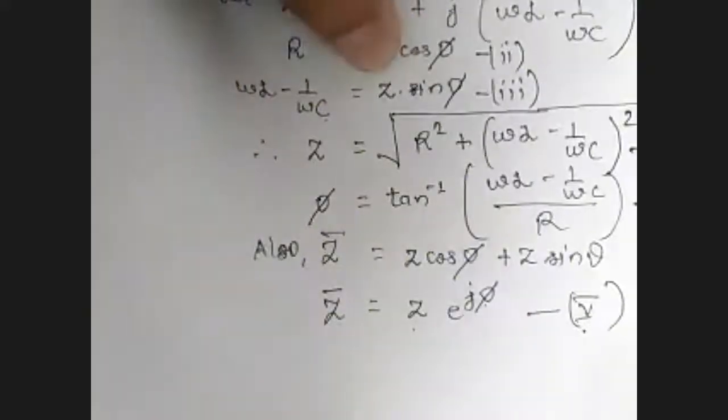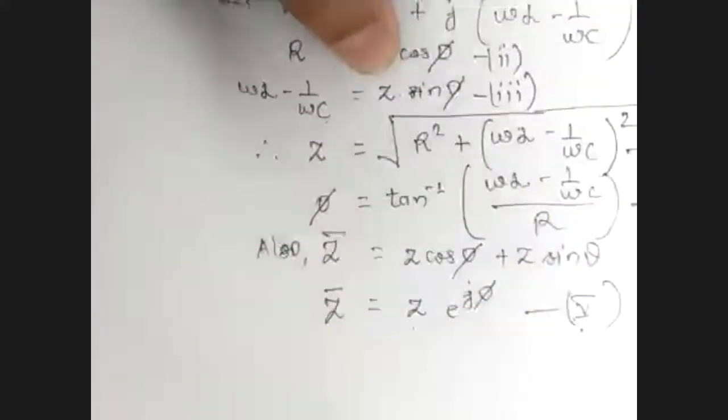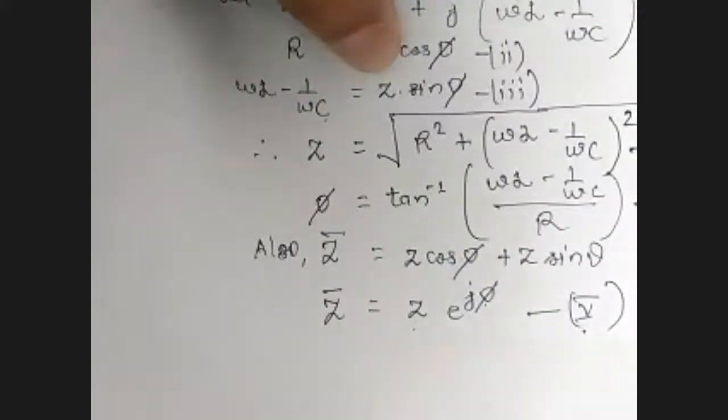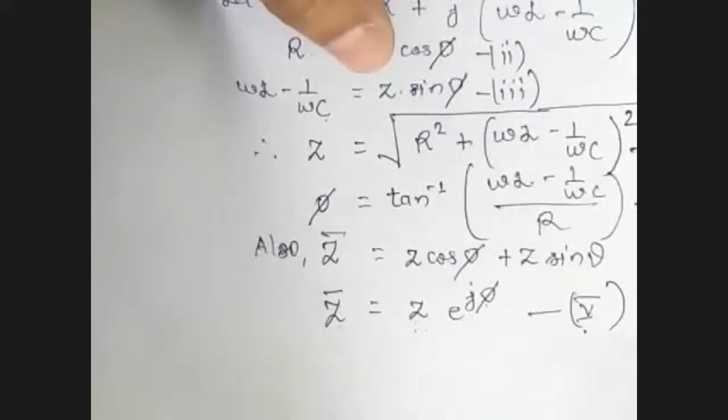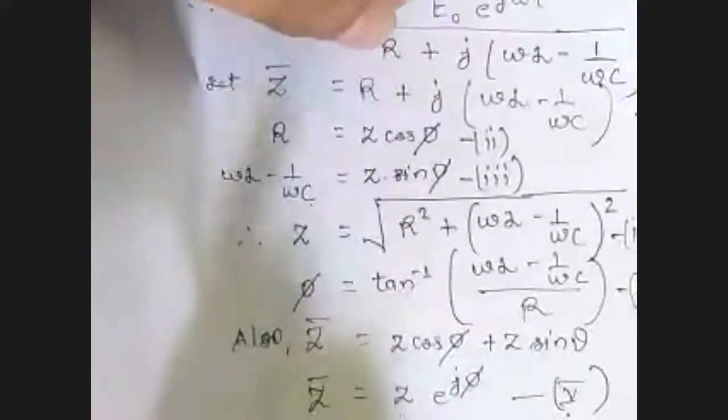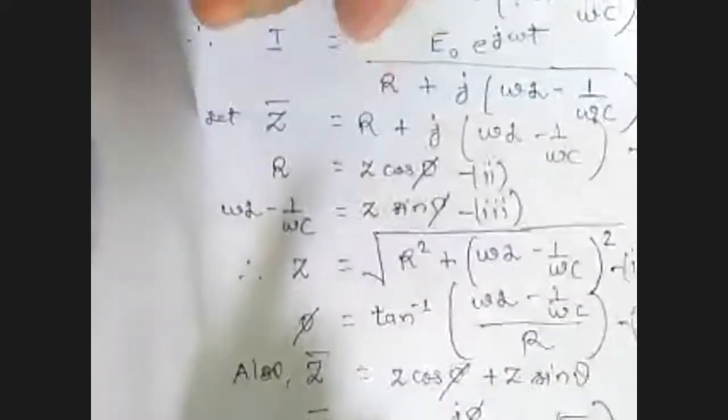Yes, Anurag, is there any problem? Also Z bar is equal to Z cos phi plus j Z sin phi, at the end, sir. Yes, it will have. That is for sure. Then only we can apply Euler's identity.